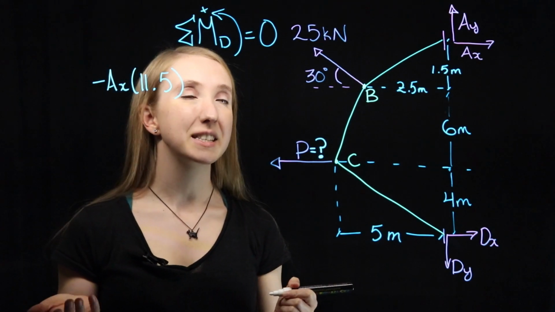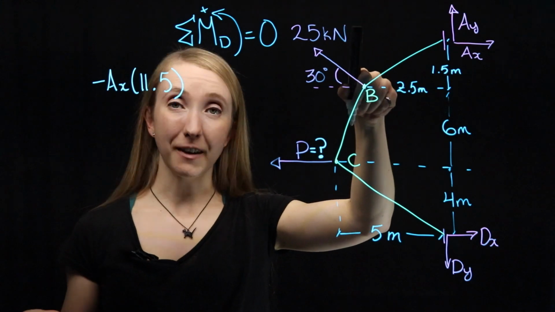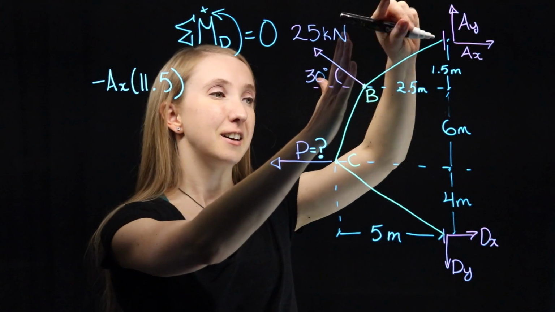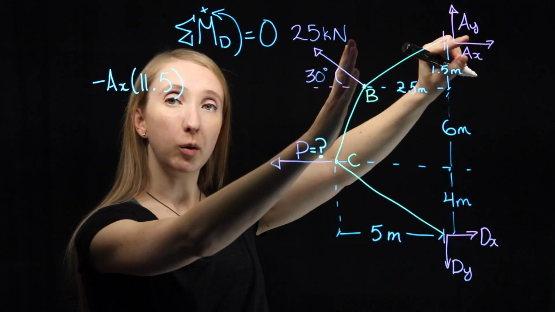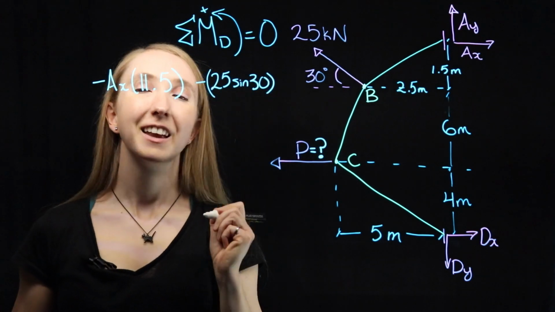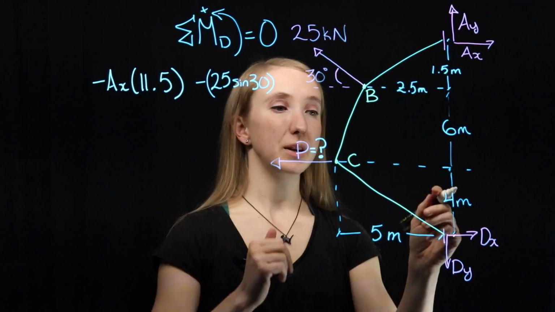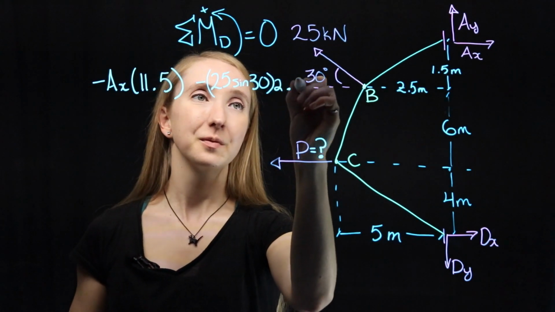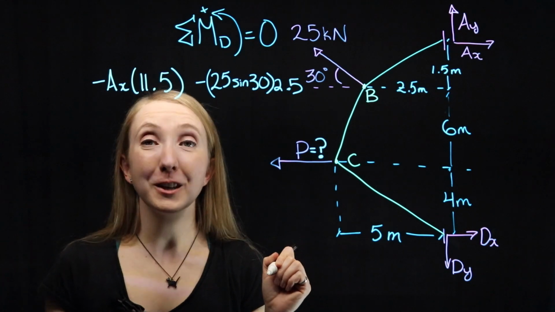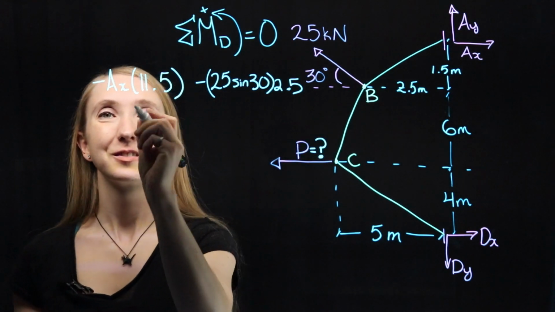Our next force is going to be the vertical component of our 25 kilonewtons. It will again cause a negative rotation about point D, and it acts at a distance of 2.5 meters from D. Then we've got our horizontal component of our 25 kilonewton force.